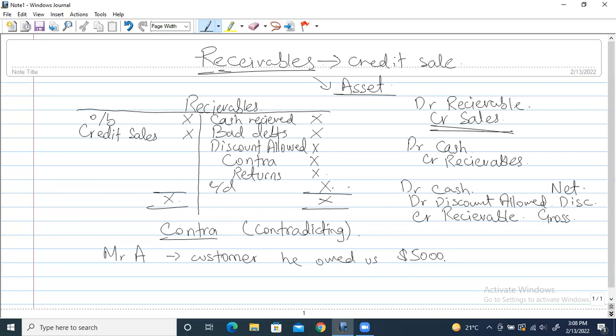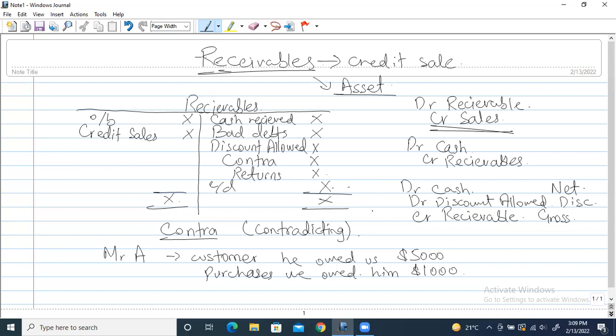So we might have purchased some goods from him as well. At the same time, we did some purchases from him, and now we owed him because we purchased on credit. We owed him, let's say, $1,000. We purchased goods amounting to 1,000. So you can see over here, he's a customer as well, and he's a supplier as well. In other words, he is the receivable and the payable, both things.